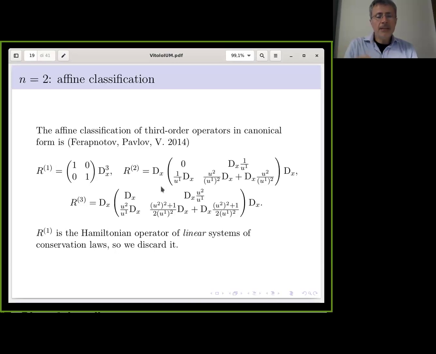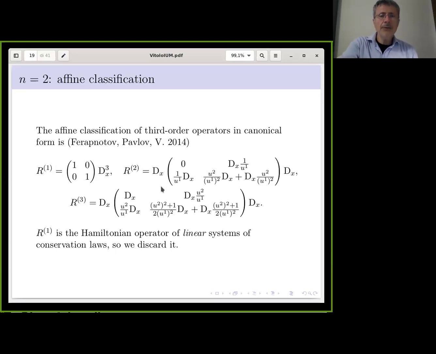Basically, if we fix the operators in this classification, this is an affine classification, then we fix the higher order operator, and then we try to determine all compatible first order non-local operators. And then what we find is what you will see.